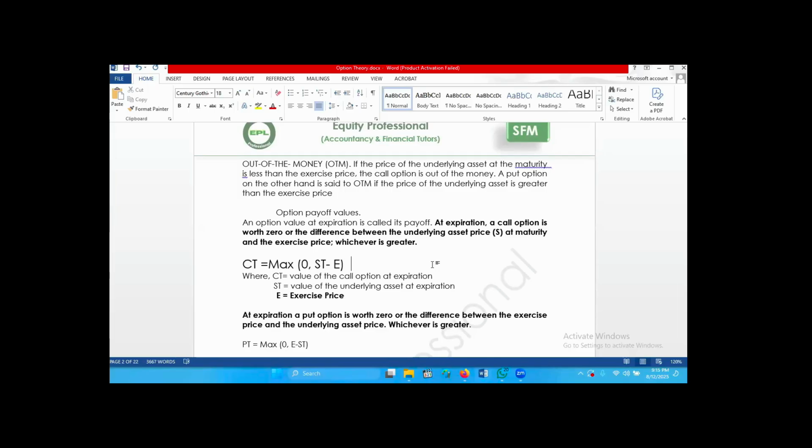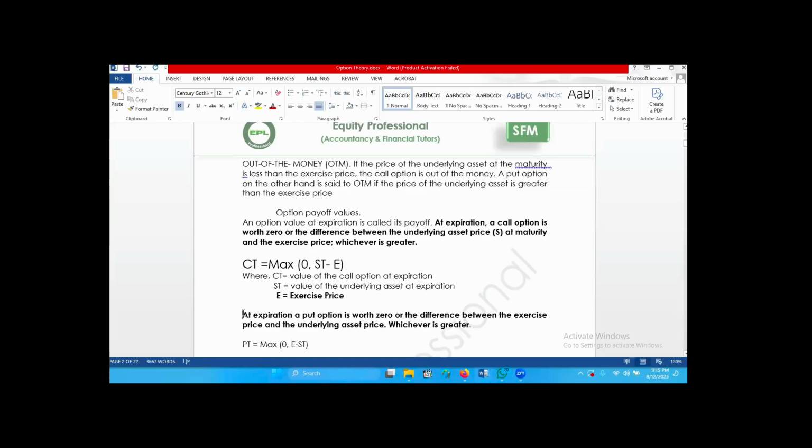Your capital letter E is the exercise price. We are going to demonstrate this shortly with illustration. That is call option payoff.